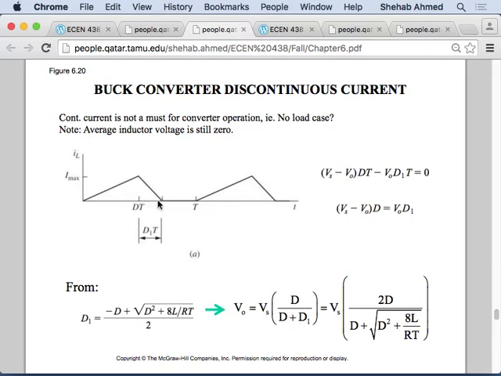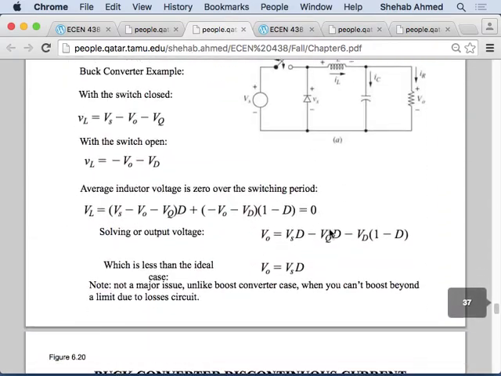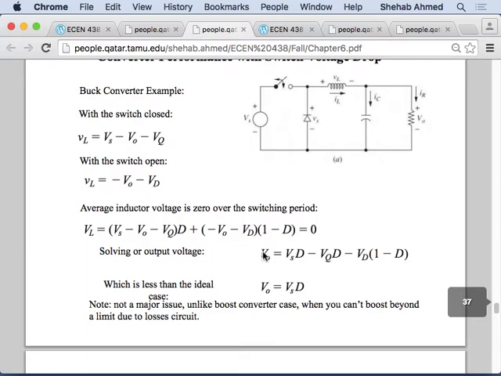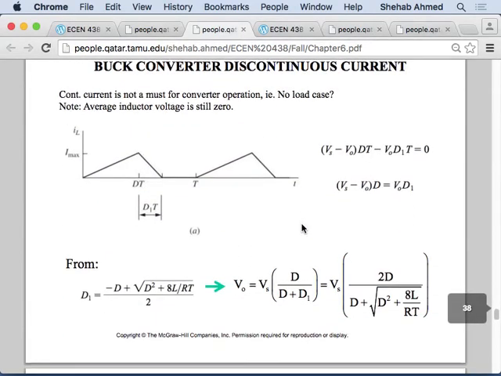This is the problem now, because this is not 1 minus d. Remember before, the derivation we had was Vs minus V output times d, and then minus V output times 1 minus d. I no longer have the 1 minus d simplicity anymore.